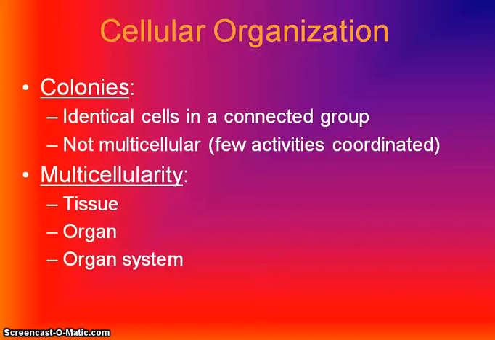They're mainly just living together in the same location, usually because they're living close to a food source. A true multicellular organism is going to have its cells organized into tissues, tissues into organs, and then organs into organ systems to finally make that entire multicellular organism.